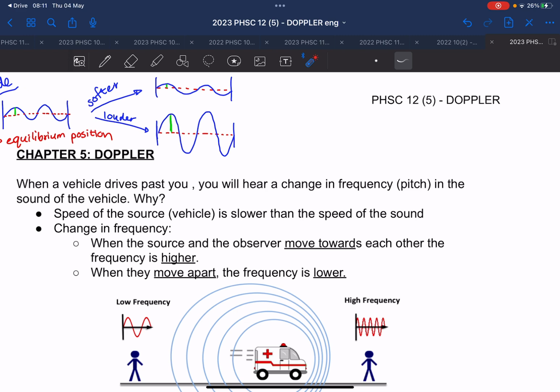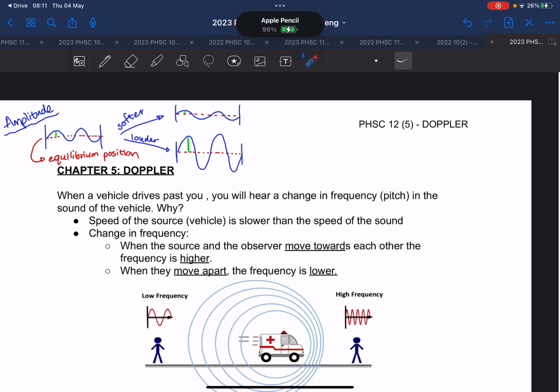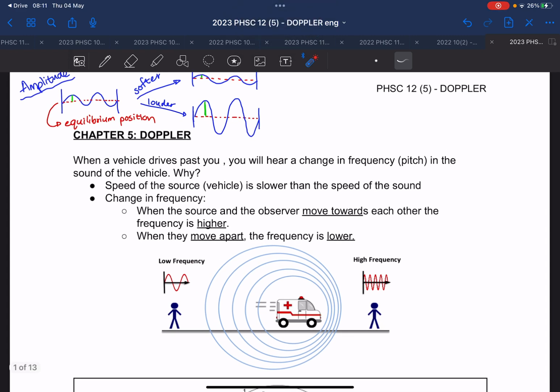All right, now we're going to come to the Doppler effect, and that is what I started this lesson with. I said when you drive past a car or a car drives past you, you hear "meow". Okay, and why do you hear that? Because there's a change in the way we observe the sound. Let's say it's an ambulance, it goes "pew, wee, wee, wee". Do you think the person inside the ambulance hears that?